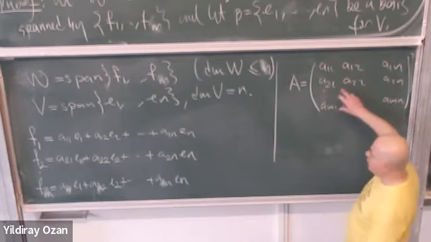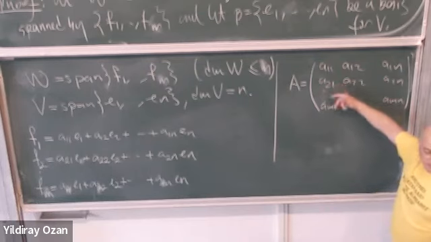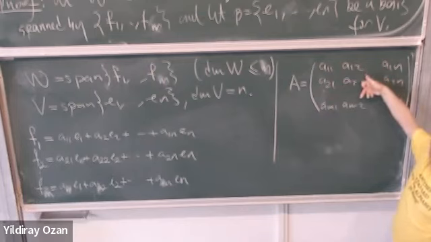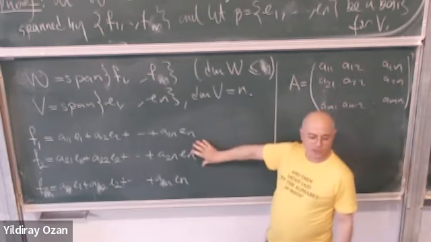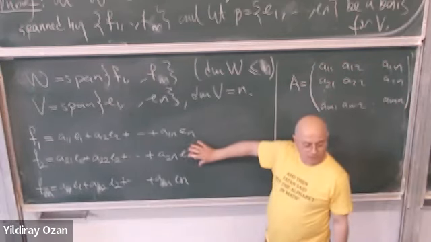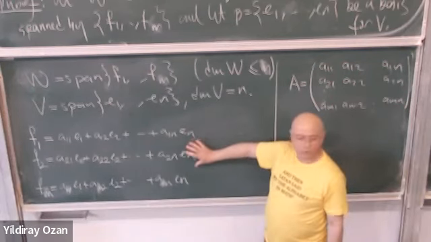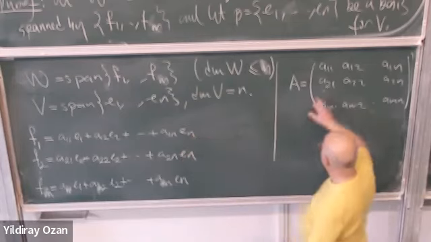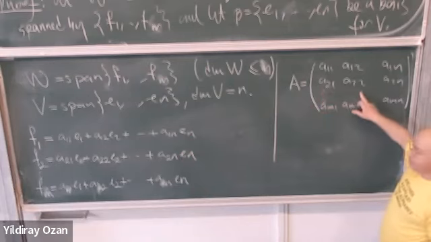Now, if you apply row operations here, right? For example, interchange two rows. What does it correspond? Changing two rows. You are changing two generators of the subspace, right? Or multiply a row by some number.